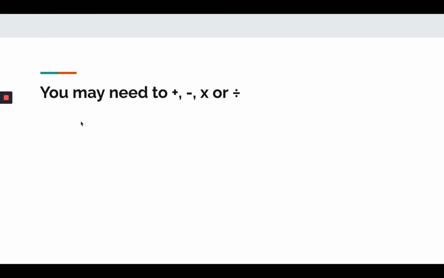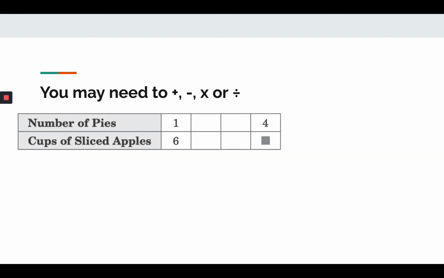So really another way to look at this is, here's a chart. It's a ratio table. You can just visually look at it, and it says number of pies is a 1-to-6 ratio. And what this chart's saying is, what if you had 4 pies? So 1 pie, 6 cups of sliced apples. 4 pies, how many cups of sliced apples?